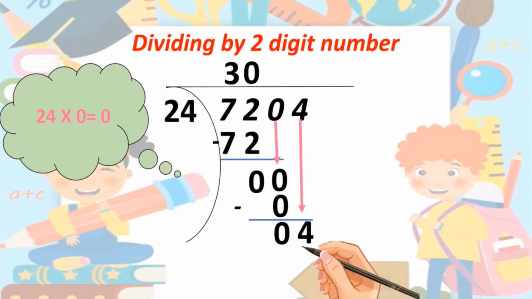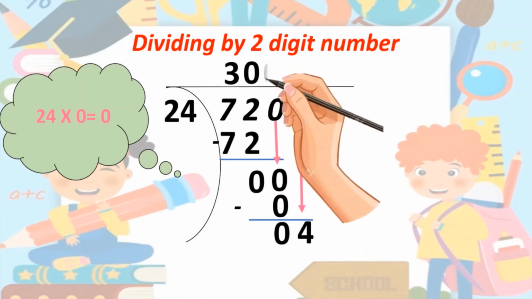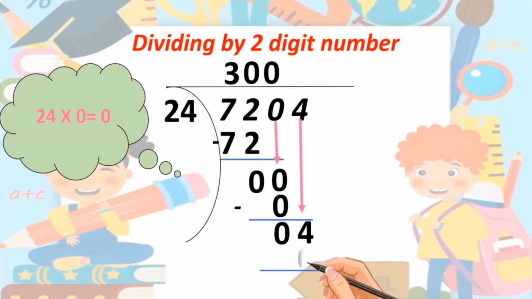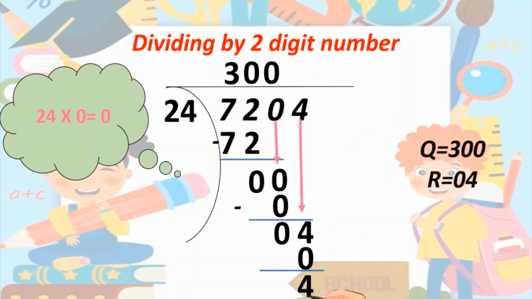So again the divisor is greater and the remainder we are left with is 4. So 24 times 0 is 0 and we are left with the remainder 4. So here the quotient is 300 and the remainder is 4.